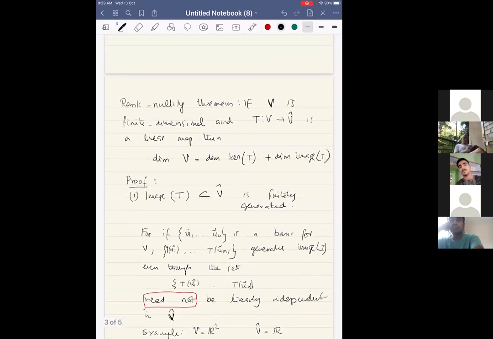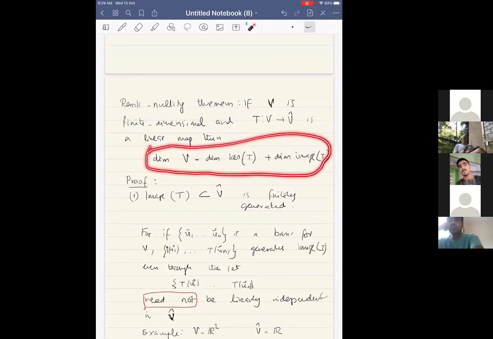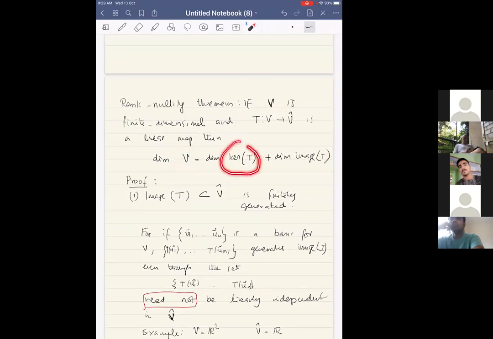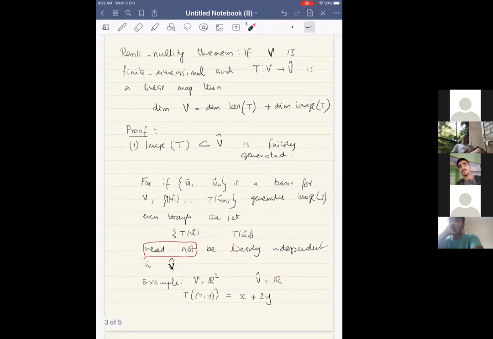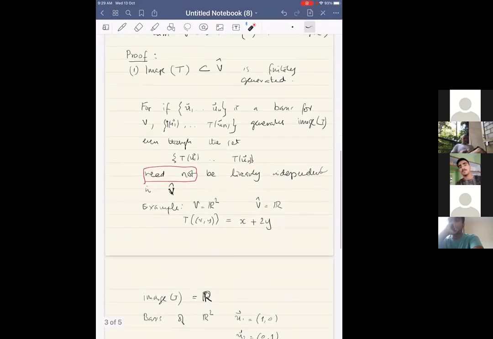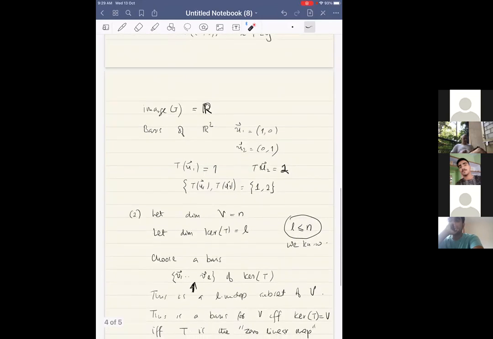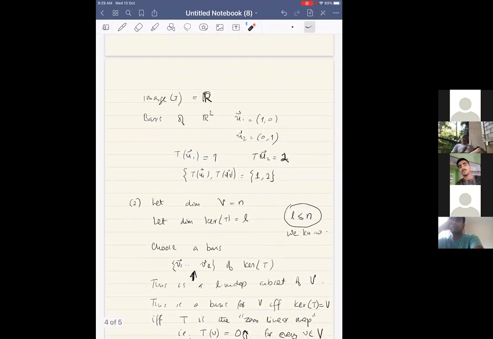This is what we want to prove. Given a linear map, I want to prove this. So I take the vector space V. I take the subspace, which is the kernel of T. Now I am giving a notation: it's assumed that V is finite dimensional.